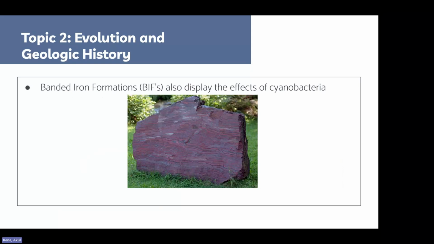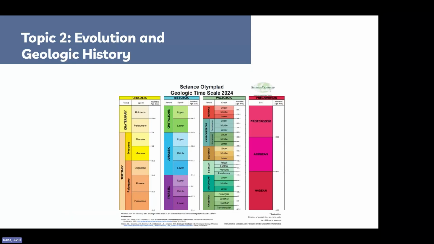Understanding banded iron formations and stromatolites gives us good context of how life changes over this geological timescale. In general, just refer to the Science Olympiad geological timescale, because there's a bunch of debated stuff, and this is what your tests are going to be written off of.